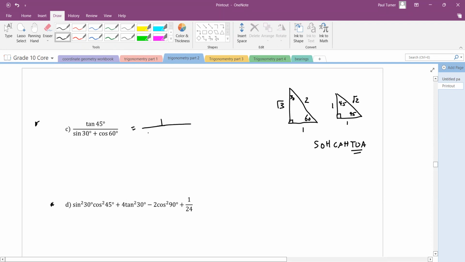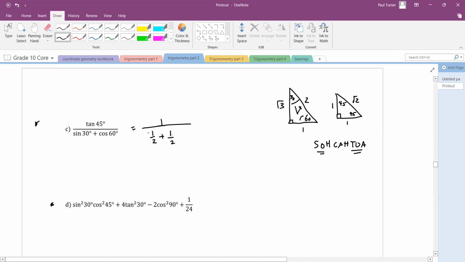But in the bottom, there's a bit of work. Sine 30, sine is SOH, so opposite on hypotenuse from this one. So that would be a half. So sine 30 is a half, plus cos 60, adjacent on hypotenuse, a half again.